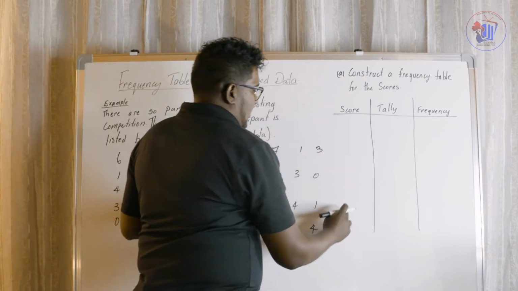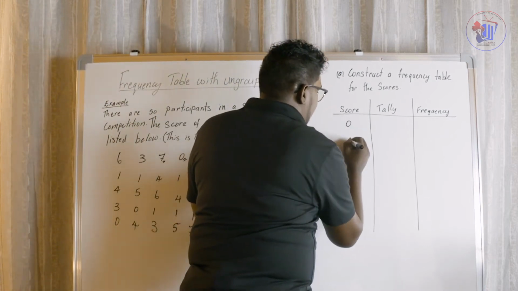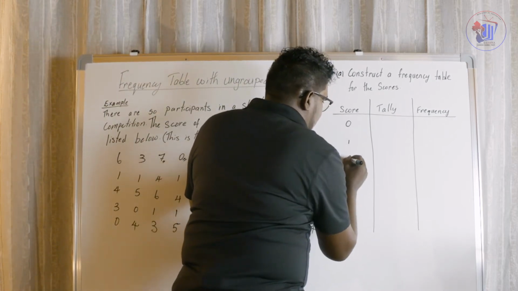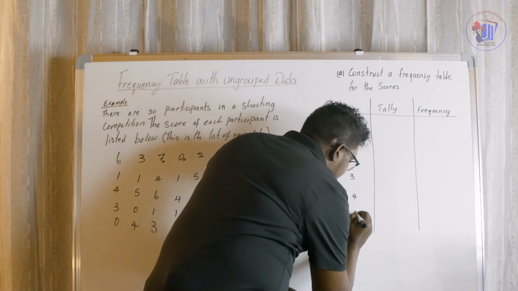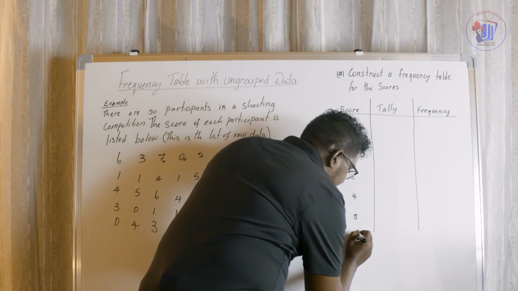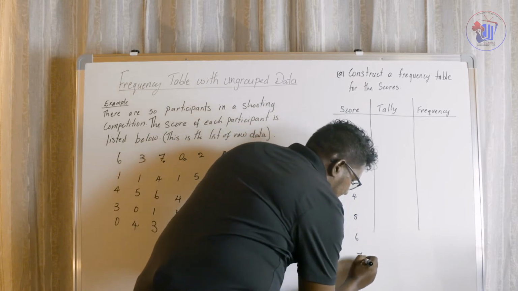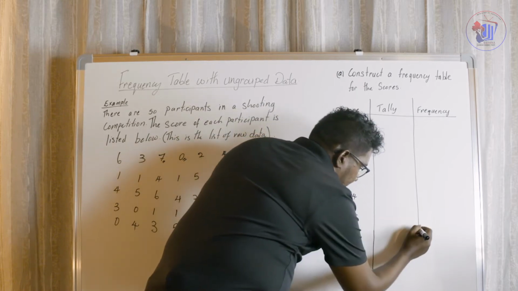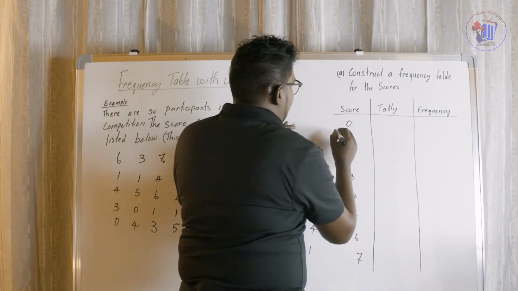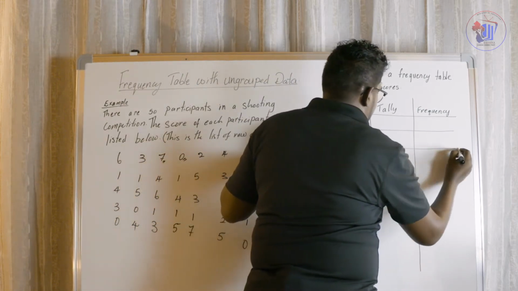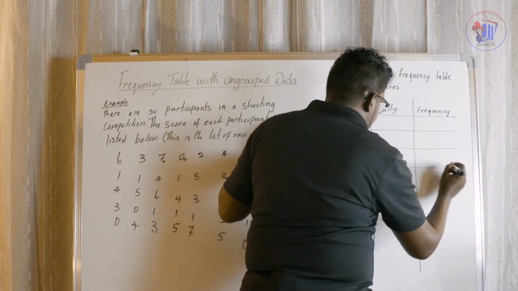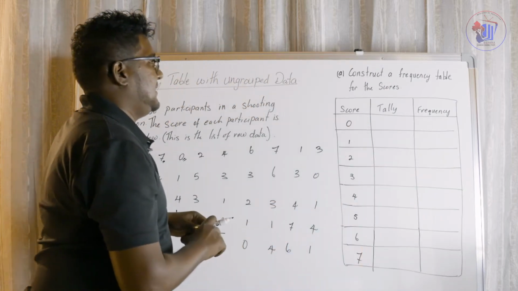On the score, we're going to put 0, 1, 2, 3, 4, 5, 6, 7. Let me just do some lines across to make this a little bit more clear. Alright, so there you have the frequency table.